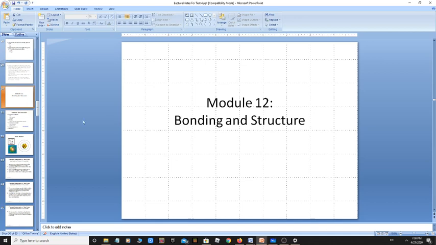You will be learning a lot of basic principles, and we want to see if we can apply these principles to what we have learned before about elements and compounds. So just bear that in mind.